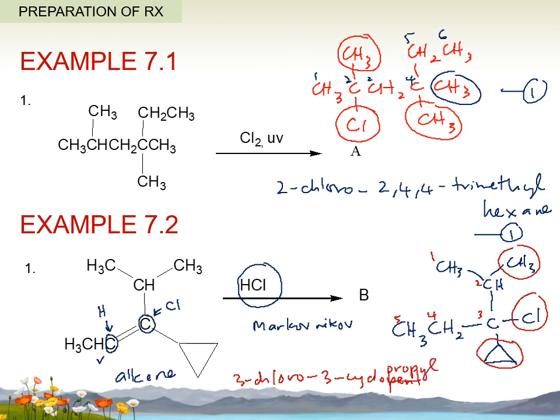And then another substituent at carbon number 2, 2-methyl, and the parent, that would be 5, is pentane. Okay, so it's 3-chloro-3-cyclopropyl-2-methylpentane.